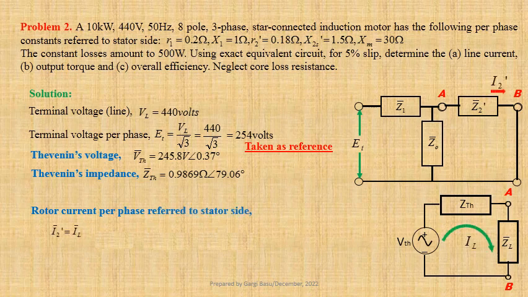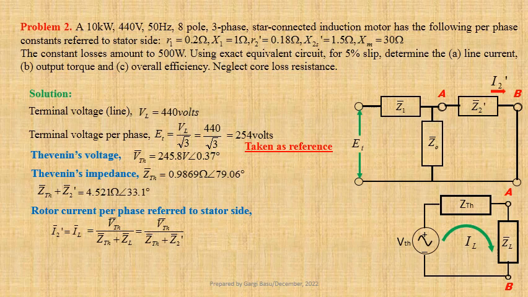I2 dash equals IL equals VThevenin divided by Z Thevenin plus ZL, or VThevenin divided by Z Thevenin plus Z2 dash. We have computed Z Thevenin plus Z2 dash equals 4.521 ohm at an angle 33.1 degree.